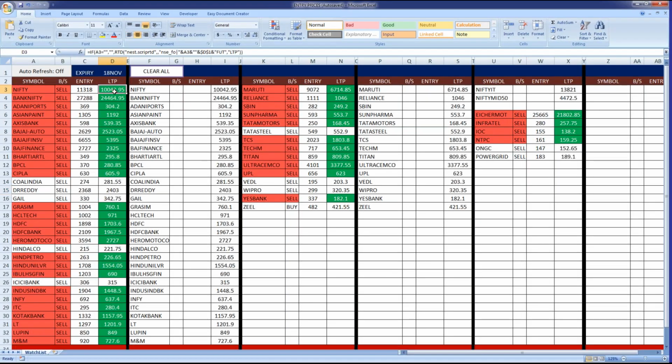The LTP currently, yesterday it closed at around 10,042. So now how do you calculate the profit? You calculate the profit with the LTP and the entry price, add or subtract, and multiply it by the lot size. That is how you do it. Now in this case, I'll just come back to the chart again.